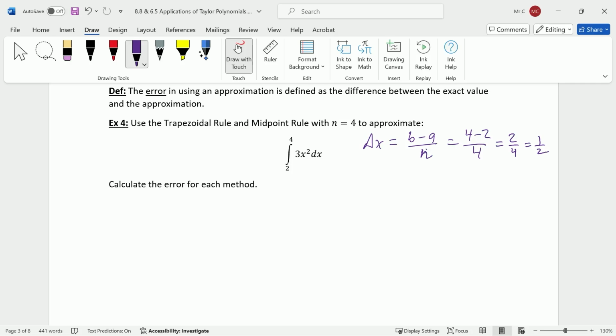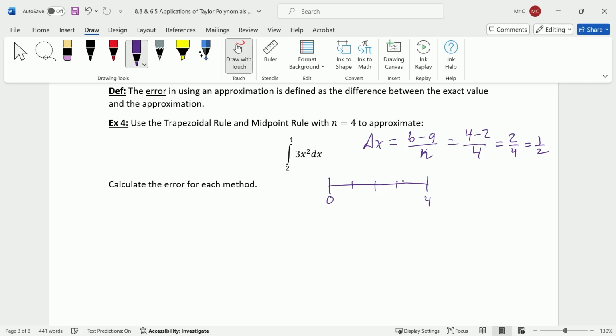Okay, so now we'll start with the trapezoidal rule. Doesn't matter which one we start with, but we'll start with the trapezoidal rule. So to find the trapezoidal rule, I have to know what each of my subintervals endpoints are. So I'm going to draw my interval 0 to 4 and break it into 4 pieces.